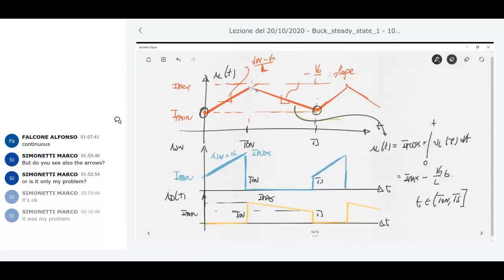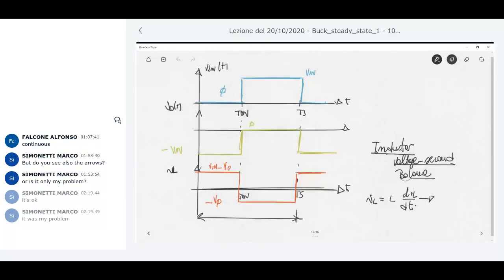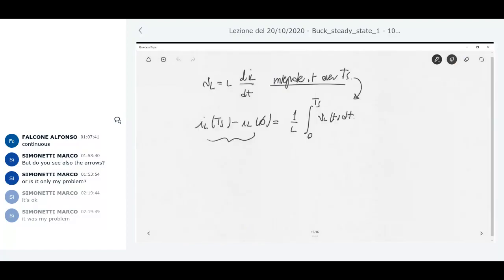So IL at Ts minus IL at 0 is 0. So this integral is 0. So the integral between 0 and the switching period of the voltage across the inductance will be 0.